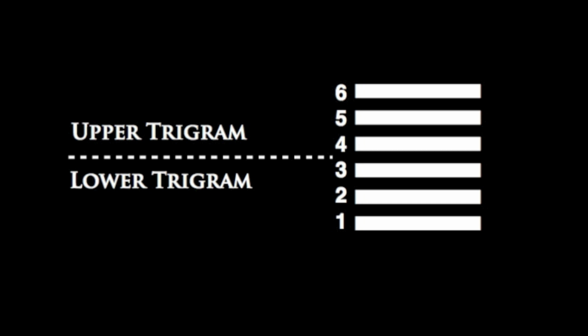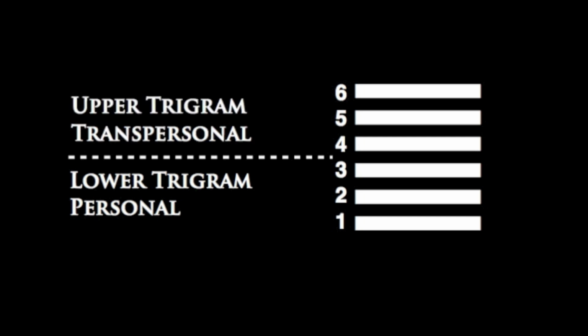You could say that the lower trigram represents more of the personal self and personal identity, more of a personal journey, whereas the upper trigram has more to do with other people, being more transpersonal and dealing with groups of people.